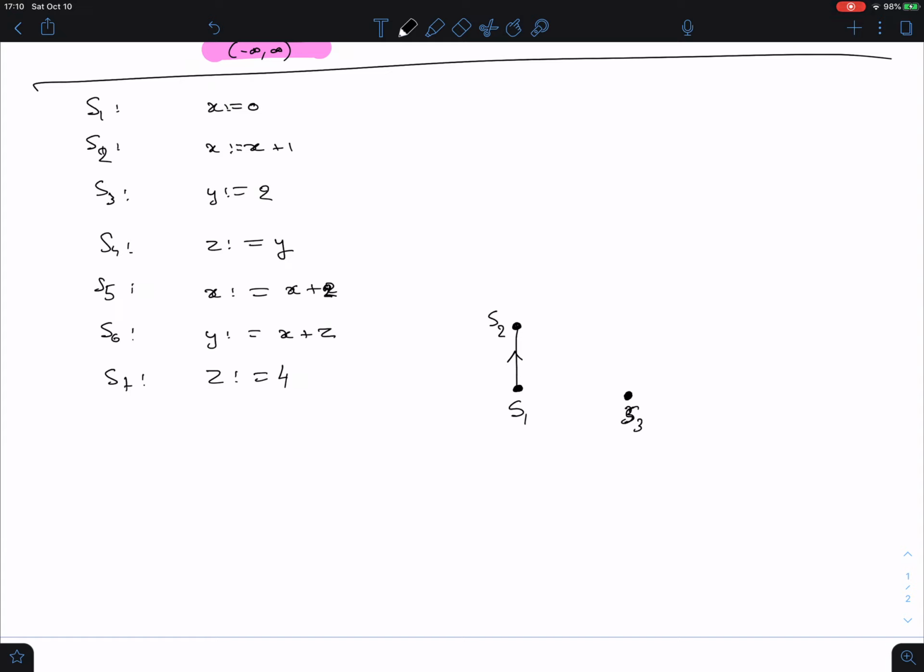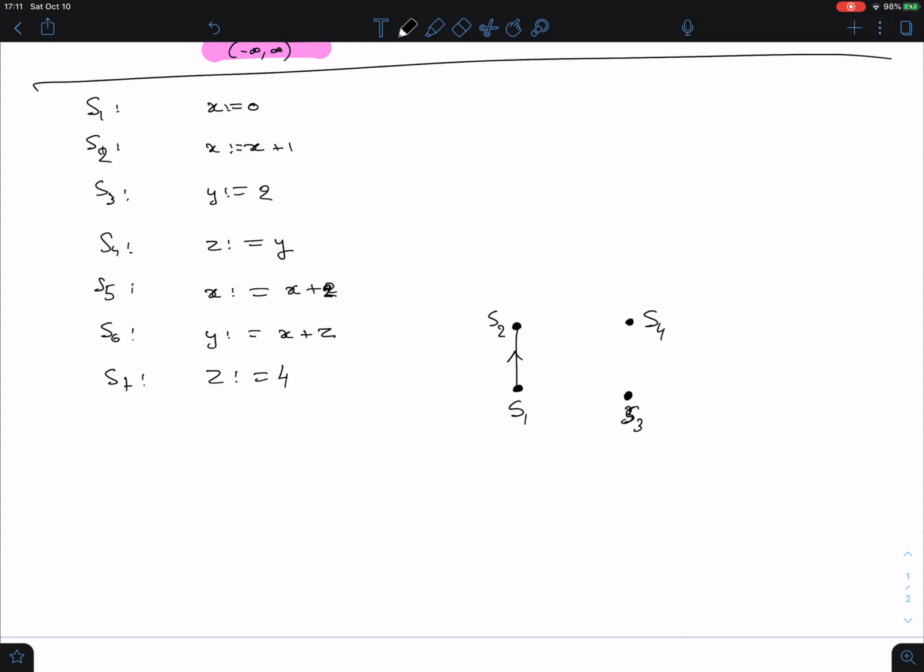S4 seems to also not be involving itself with x, so I don't care about that, but S5 definitely requires me to do, well, I need S1 because it has to be defined, but in S2, x has been redefined.